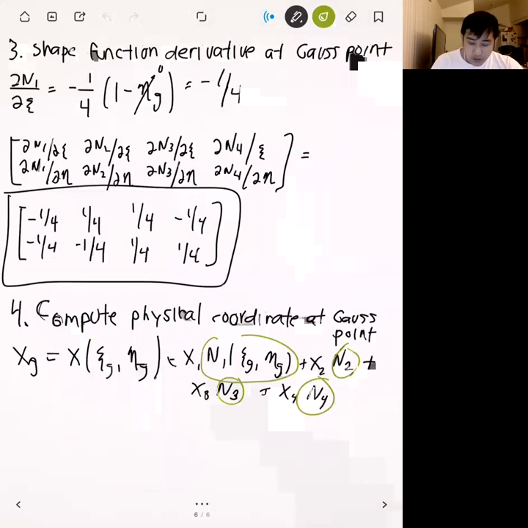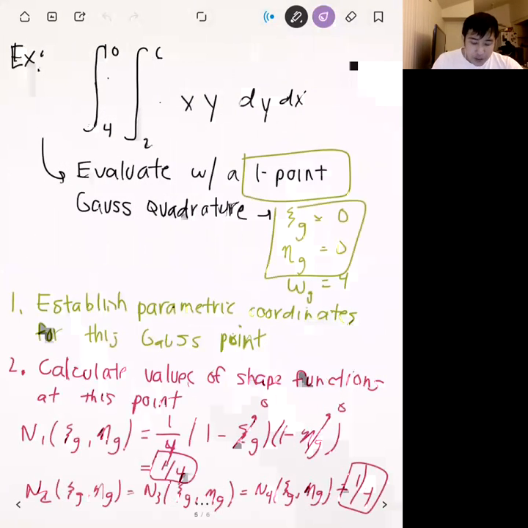The question now, and I think this is one of the main questions I got from the homework, is how do we compute this x1, x2, x3, x4 when all we have here are just integration bounds?